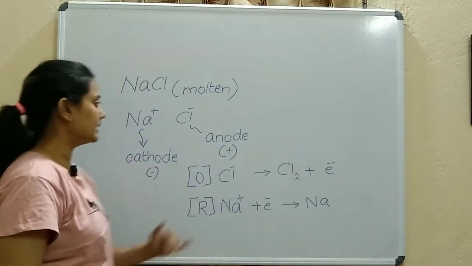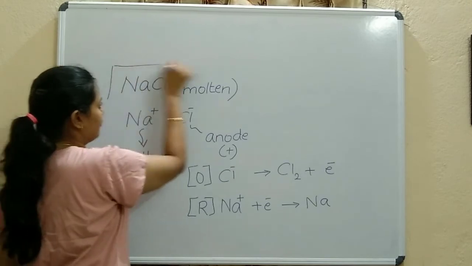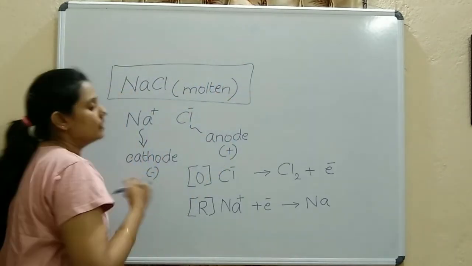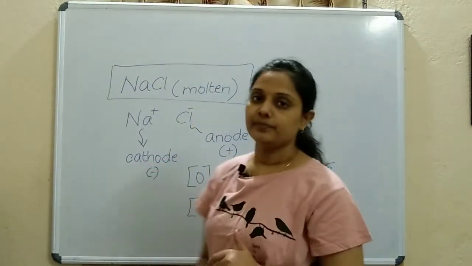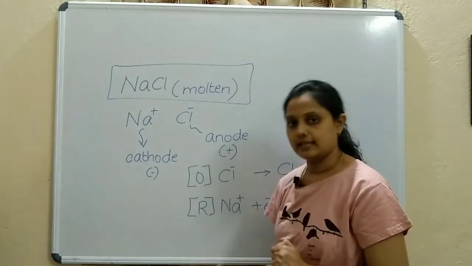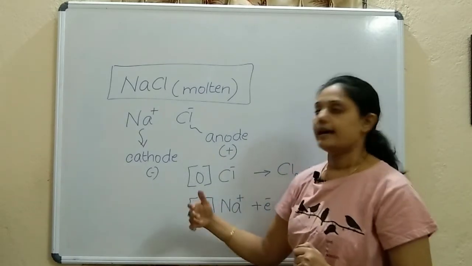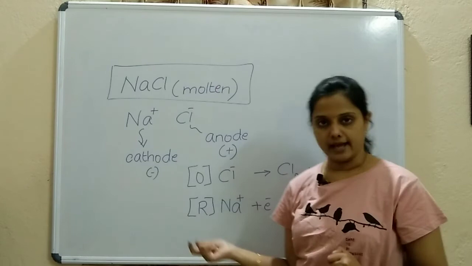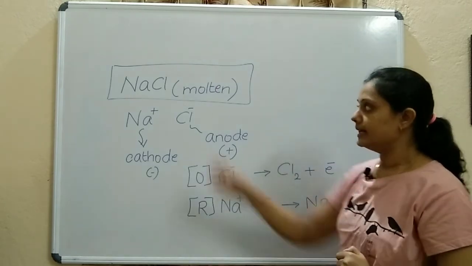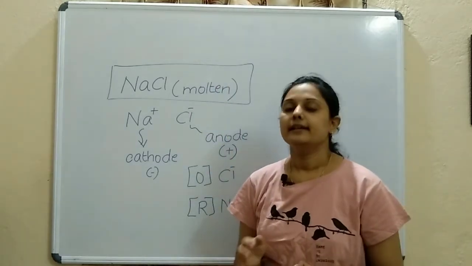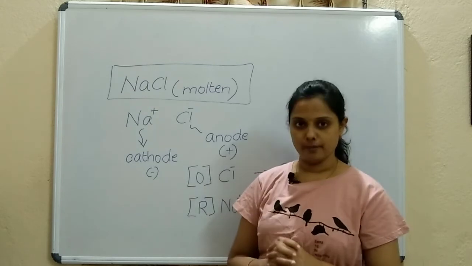Correct? So if the electrolyte is in the molten form, it is easy for you to identify which product is formed at the cathode and what product is formed at the anode, right? If the electrolyte is in the molten form.